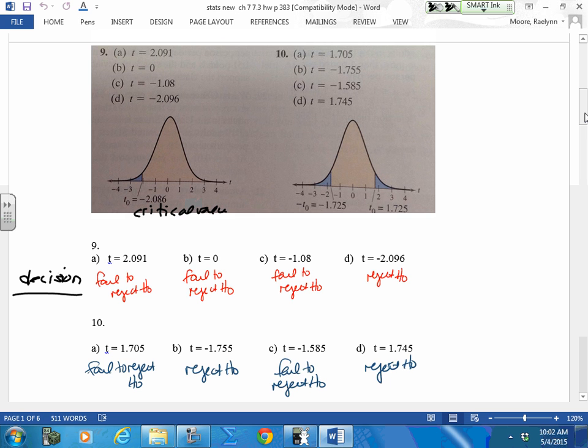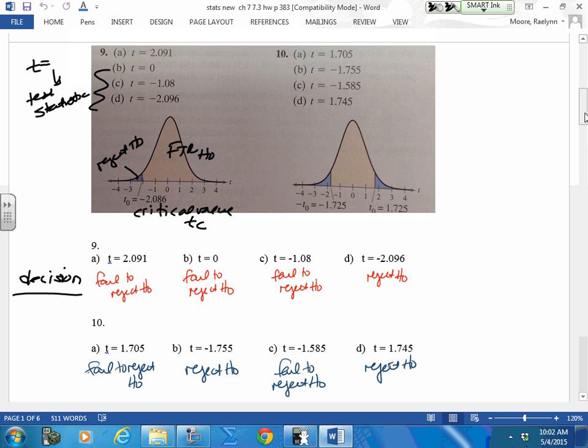I usually write it TC, cutoff critical value. This is your test statistic. That's the difference. This one you test, T equals. This one you find in your table or in your inverse T. That's the cutoff. Anything here in the shaded will say reject H0. Anything here will say fail to reject H0.